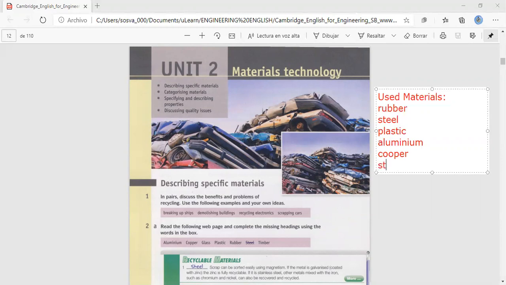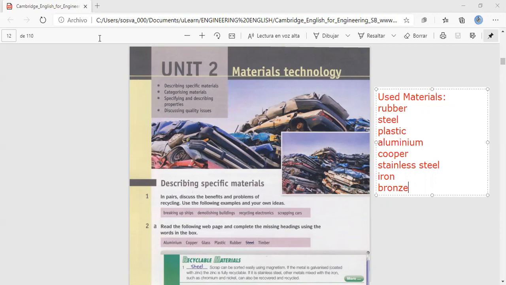Oh, you mean stainless steel. Stainless, yes. Iron. What is the word for bronze? For bronze in Spanish, it is bronze. One more. I think those are enough for now. Later, we will learn a little more about materials that we can use in engineering.